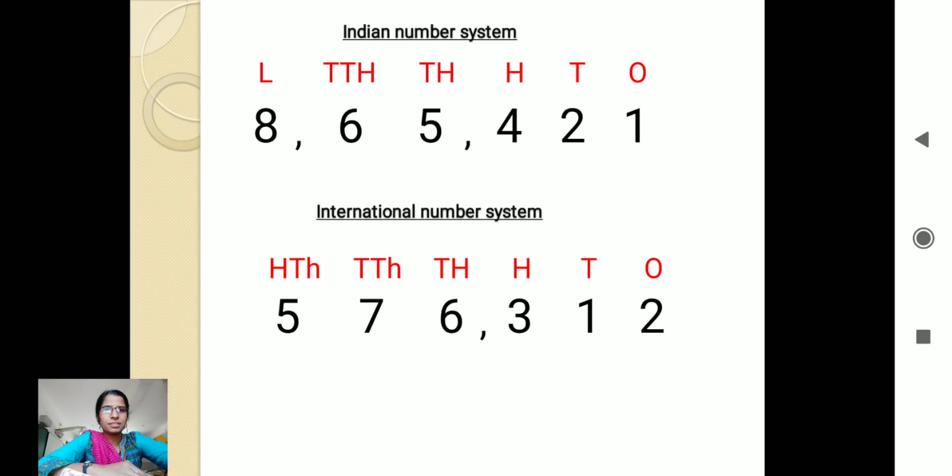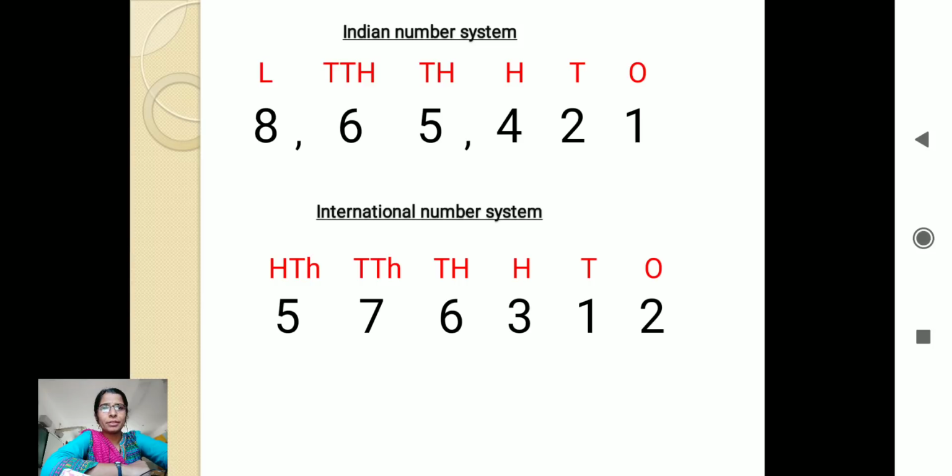So now we can see how the Indian system and the international system are. In the Indian system, you can see that I have put commas. Commas are put according to the periods, where the period ends. Like the ones period ends after 100, or before 1000, right? From the thousands, the next period starts. In the Indian system, you can see the comma is put after the 8 also, right?